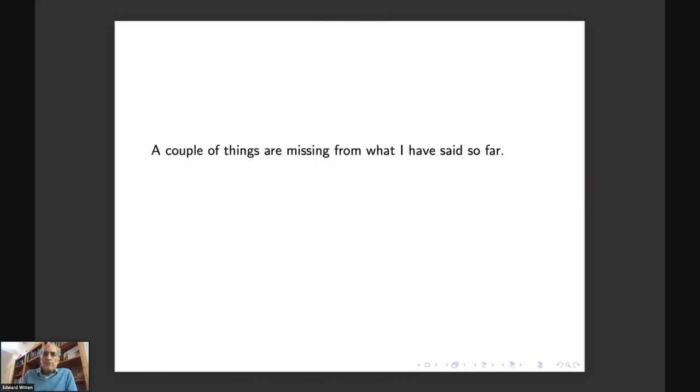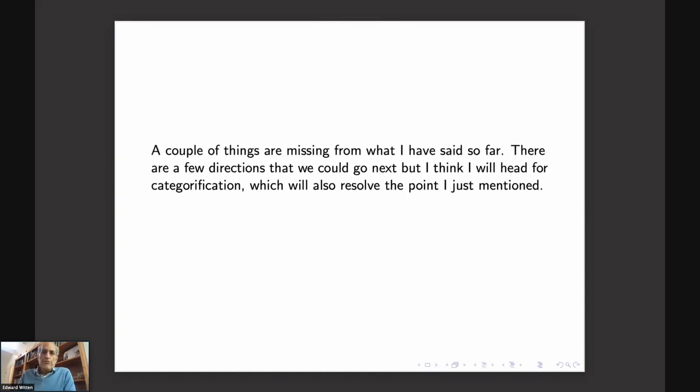Well, a couple of things are missing from what I've said so far. There are a few directions to go next, but I want to head for categorification, which will also resolve the point I just mentioned. In heading for categorification, I'm going to first get what's called the singly graded version of the theory, which is graded by the cohomological grading, but no Q grading.